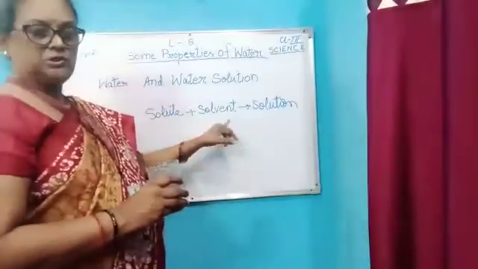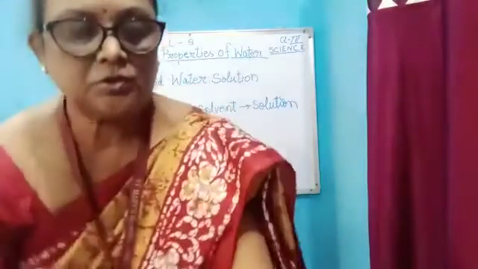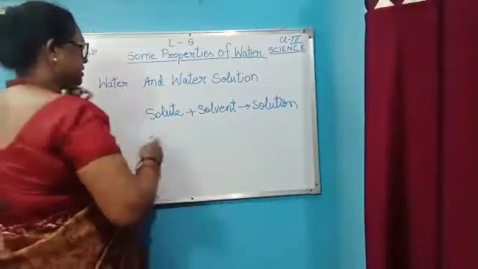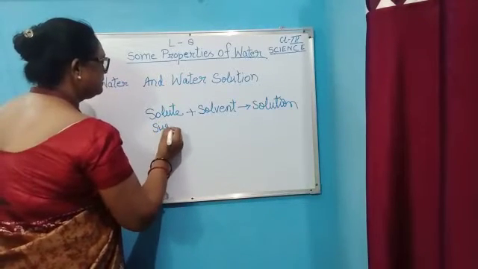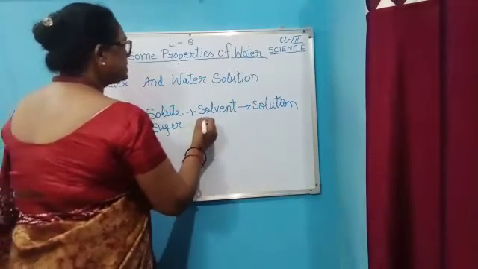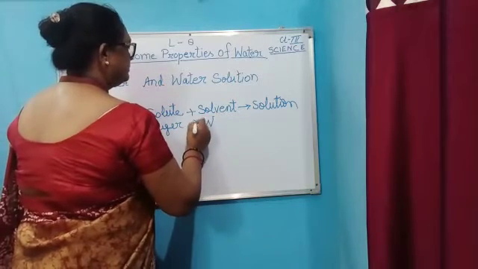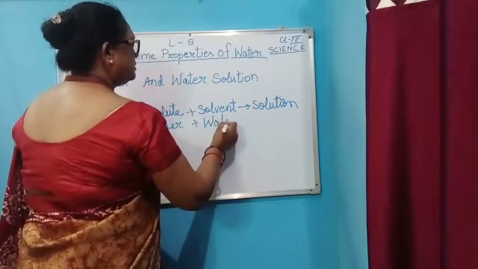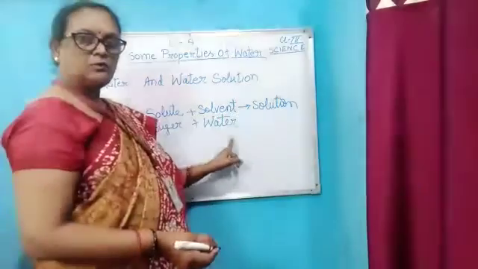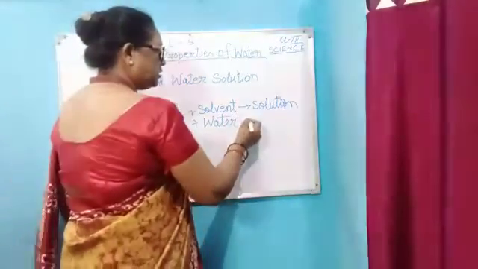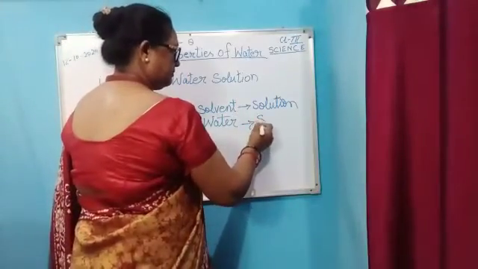Solute plus solvent. The sugar is solute. This is sugar. I took sugar and mixed in water. When I mixed sugar in water, I got sweet water.